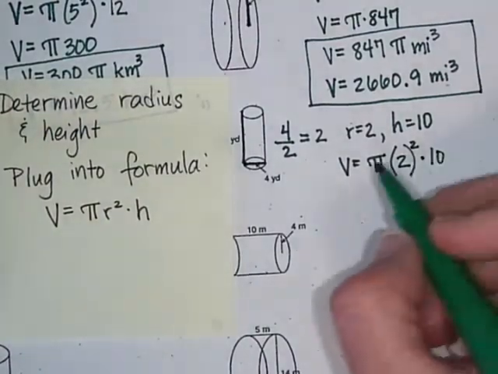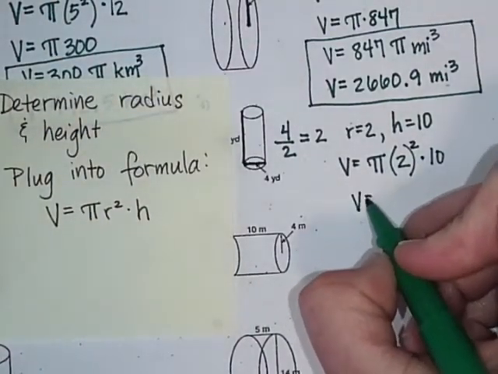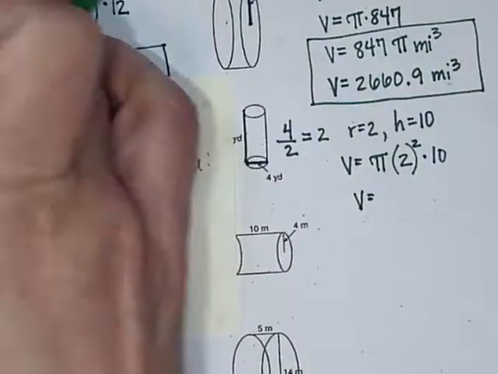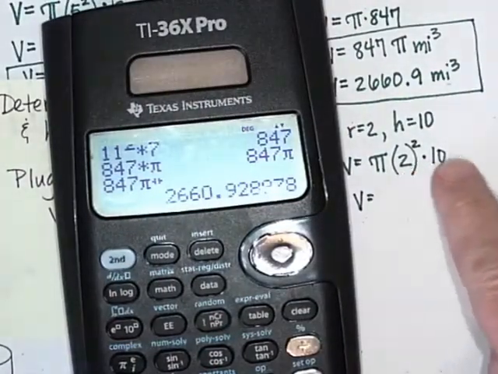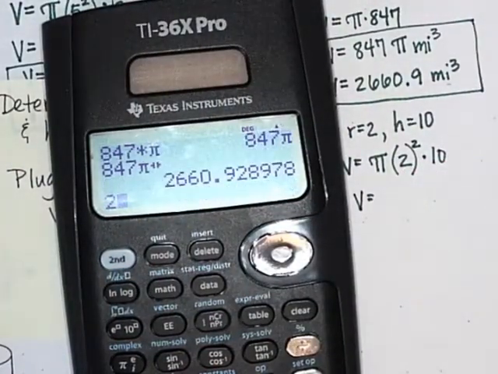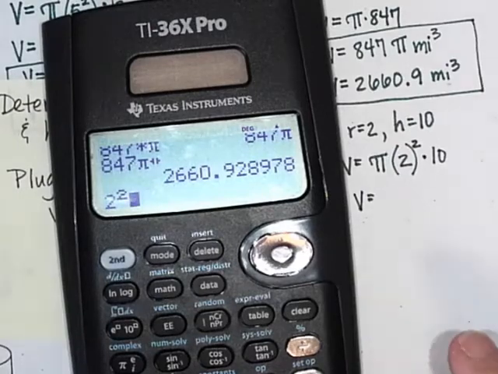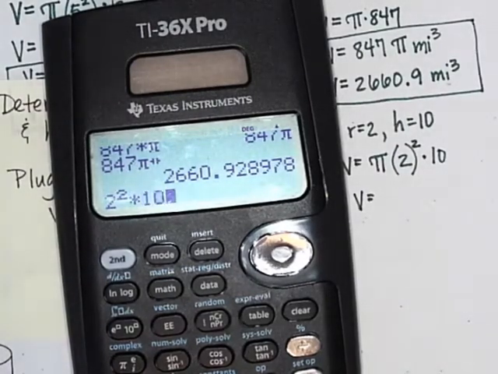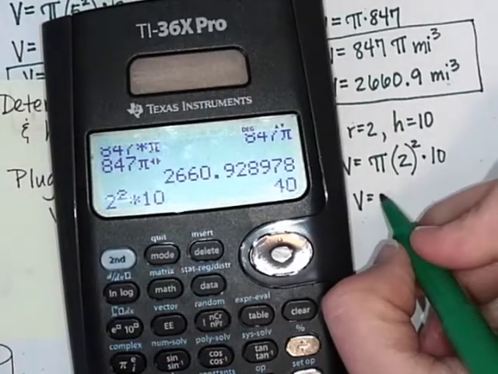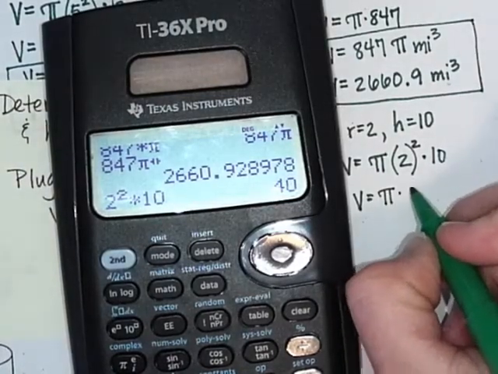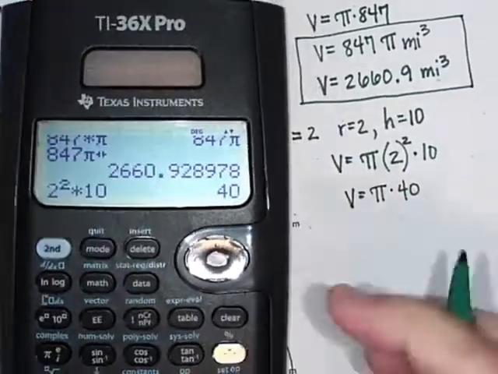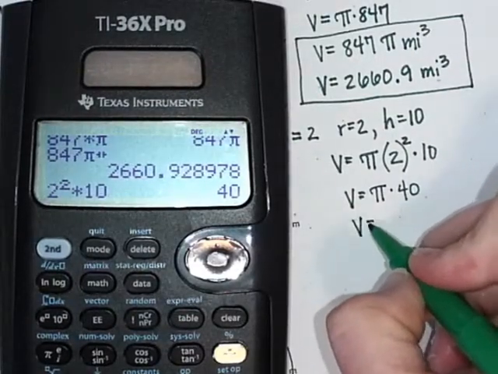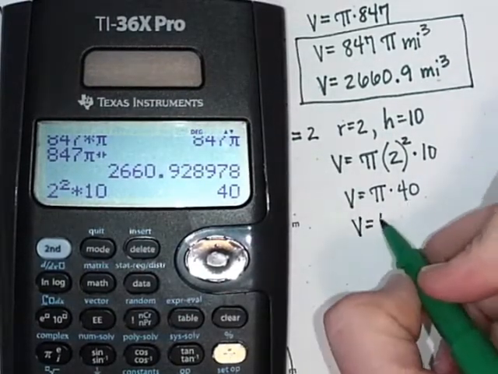Okay, now we're going to write it in terms of pi. V equals, let's grab our calculator, and we'll do just the numbers. So 2 squared times the height, times 10. And that gives us 40. So volume equals pi times 40. So we'll turn it around so that the number is first. Volume equals 40 pi.